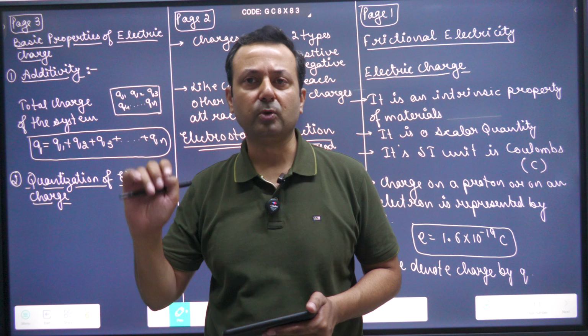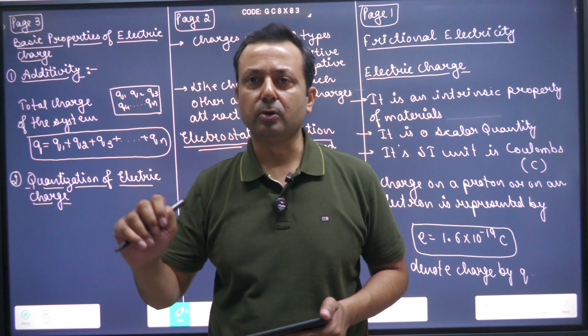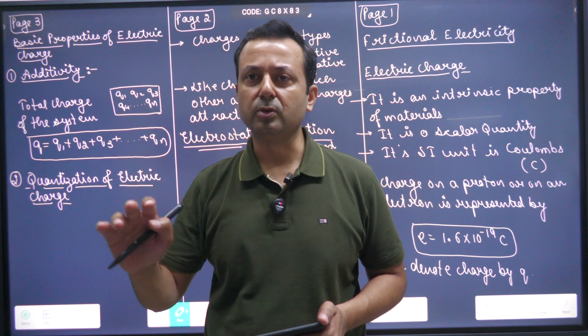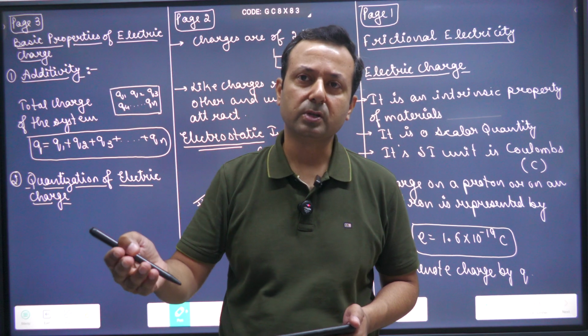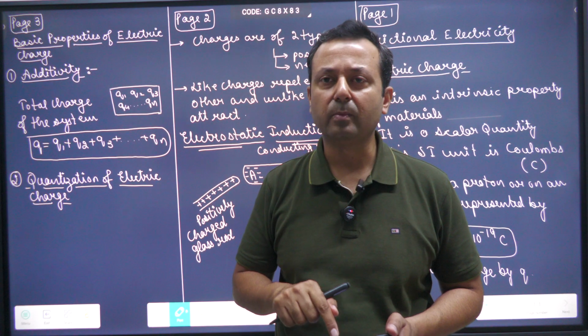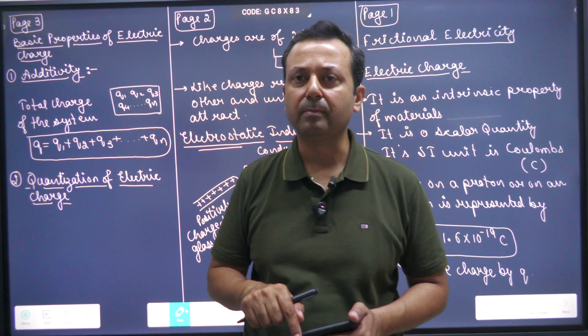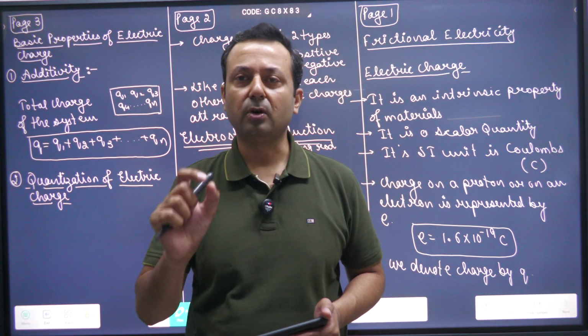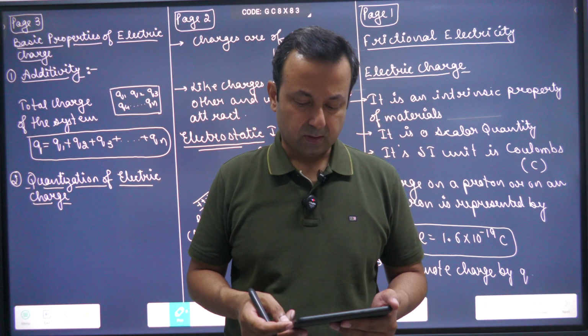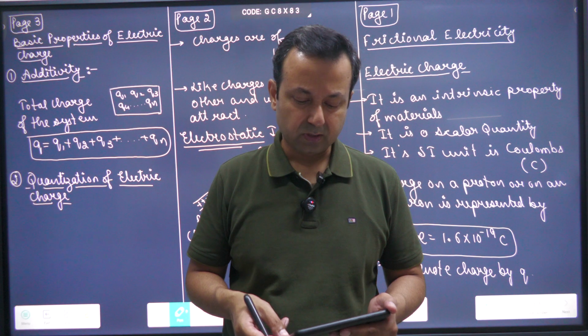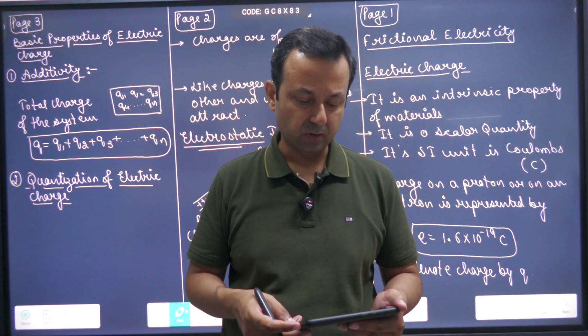Like if we have 7, 8, 9 or 10 books, we do not have 10.1 books or 10.7 books. So the same phenomenon is applied on charges also. Charges always occur in discrete amounts, instead of continuous amounts, and this is called quantization of electric charge.